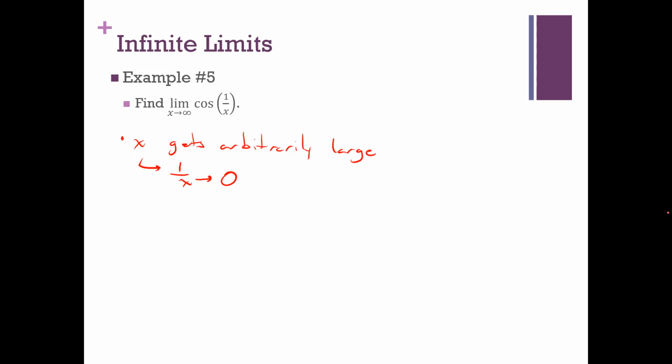So if the input to this cosine function is going to get closer and closer to 0, then can we say something now about this limit? Basically, I'm going to put a new limit here: the limit as y approaches 0 of cosine of y. Are we okay with me writing it like that?